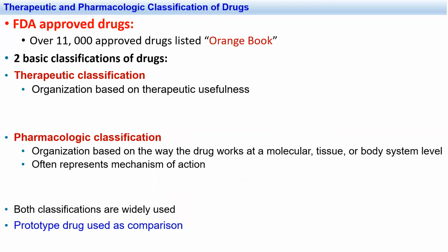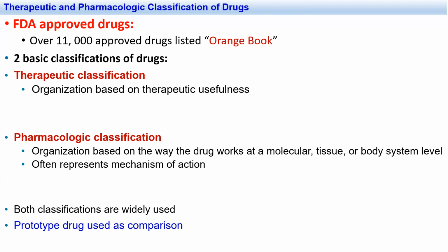The therapeutic classification, an organization based on therapeutic usefulness, describes what is being treated in the patient, what exactly the condition or health condition or disease is being treated by that specific drug. The drugs are placed into therapeutic classes based on their usefulness in treating a specific disease.